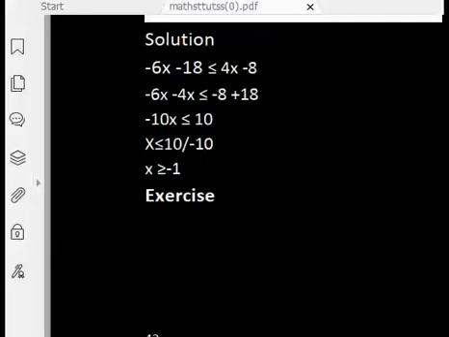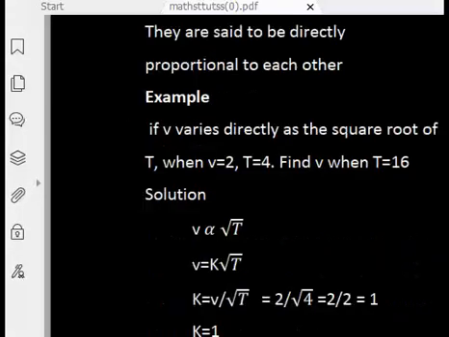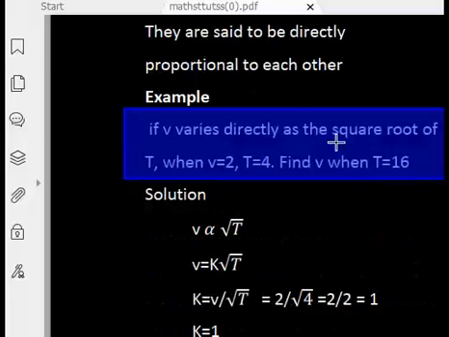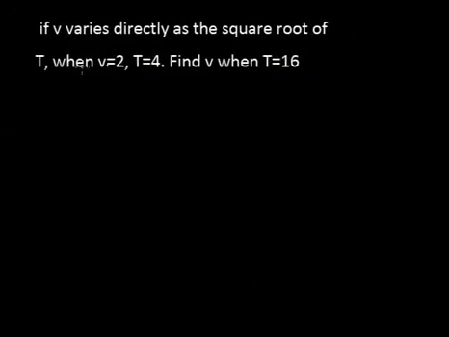I'll be picking some questions. Let's see another question on direct variation. I have a question here. It goes this way: if v varies directly as the square root of t, v varies directly as the square root of t.